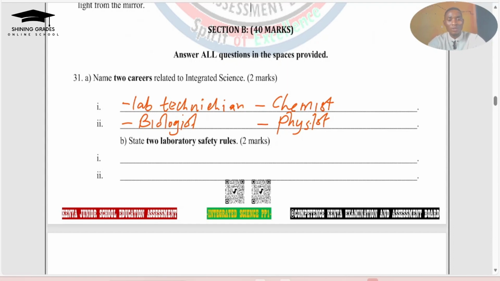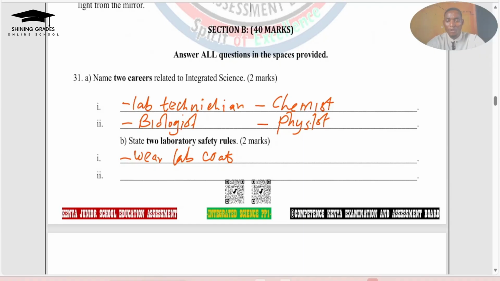State two laboratory safety rules that one should take care of. You should wear lab coats or protective clothing while in the lab.